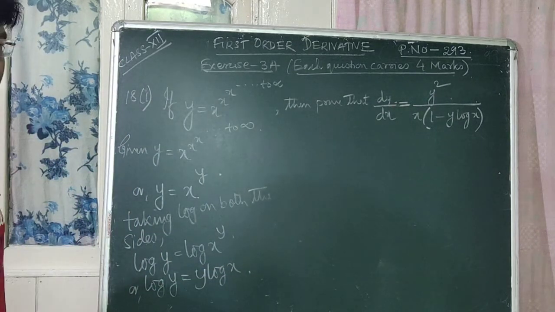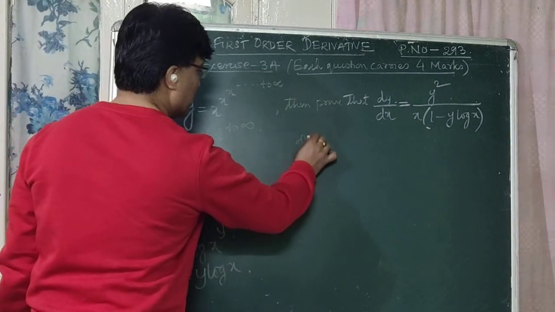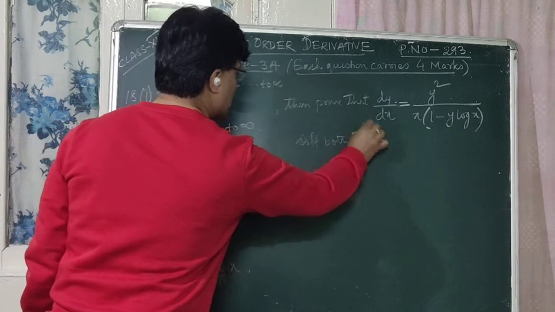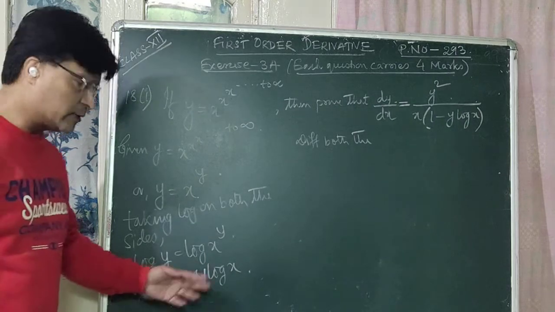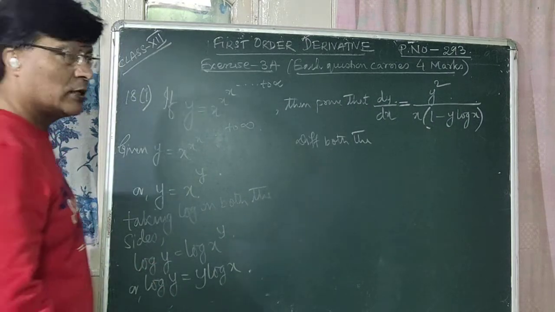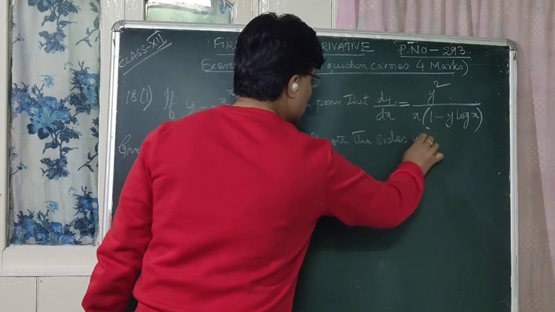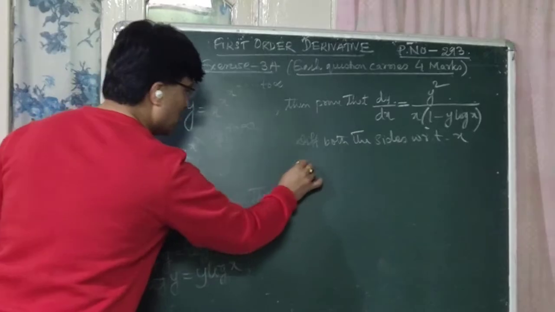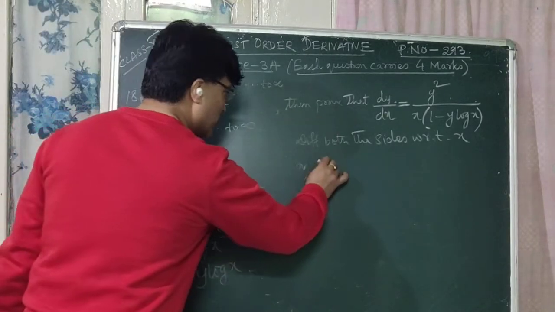So you have to differentiate both the sides with respect to x. Differentiating both the sides with respect to x, what is the differentiation of log y with respect to x?